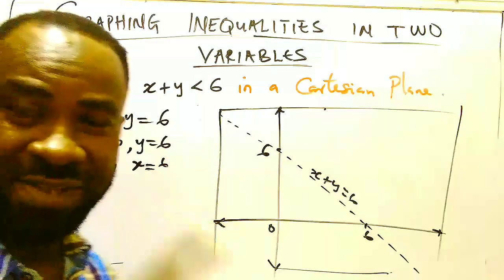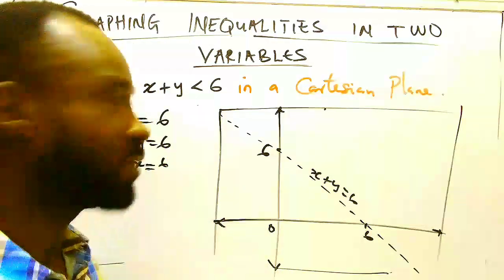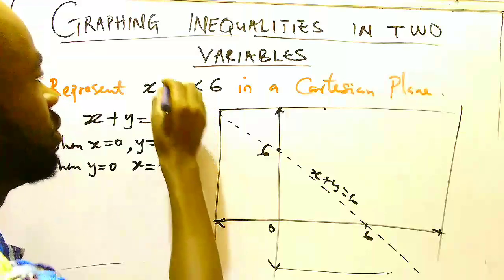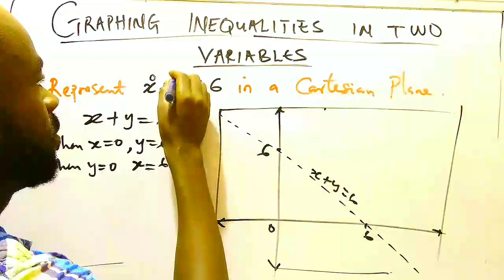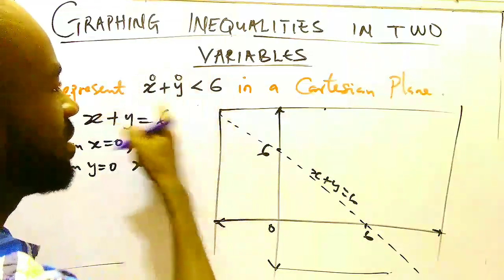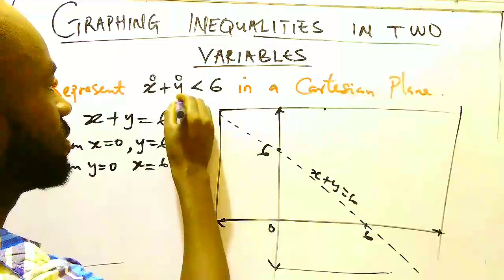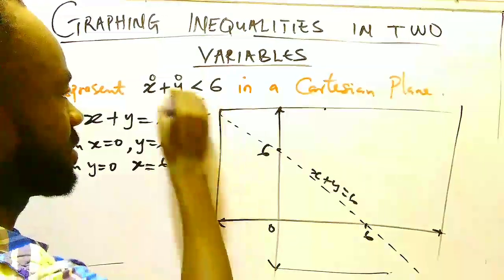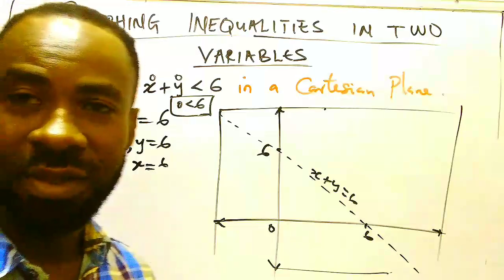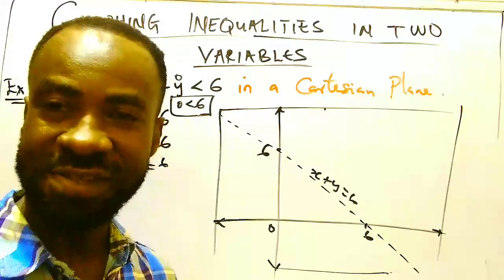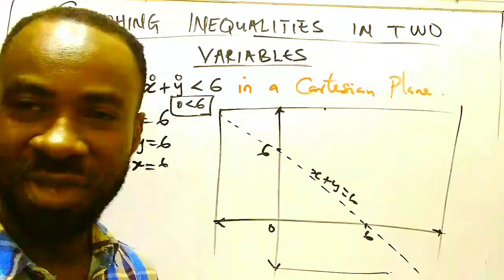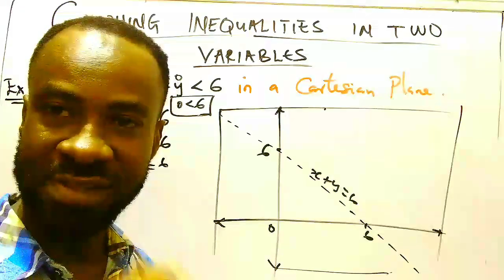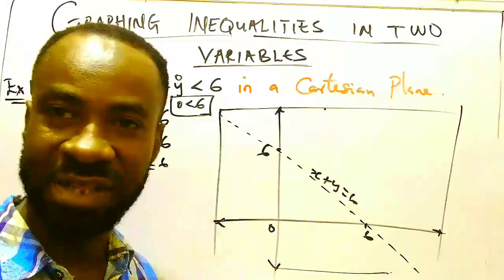So we are going to test the validity of this, okay? So at this origin, if x is 0, y is 0, that will make this whole inequality become 0 is less than 6, okay? And 0 is less than 6 is a valid statement because truly 0 is less than 6. So this statement is valid.